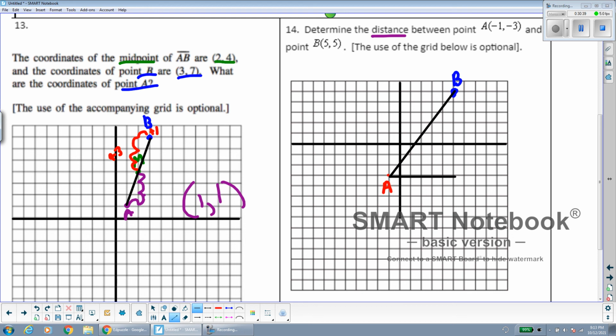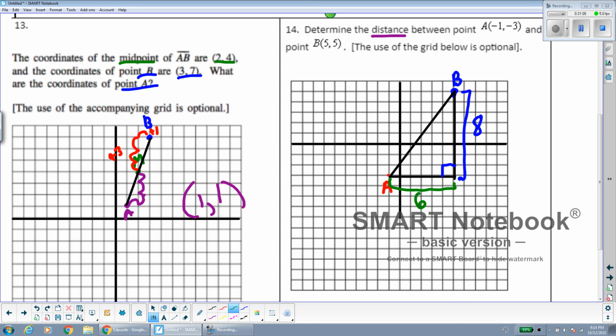So I'm just going to connect to make a right triangle here. Okay. Now if I count the boxes up and down, 1, 2, 3, 4, 5, 6, 7, 8. From here to here, there are 8 boxes. And if I count the boxes from here to here, there are 1, 2, 3, 4, 5, 6 spaces.